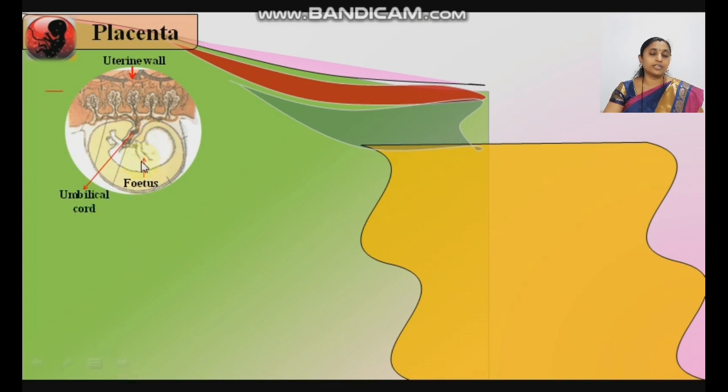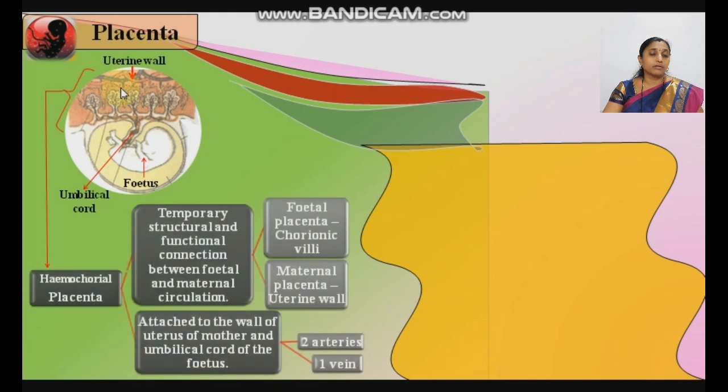This fetus is attached to the placenta with the umbilical cord, and this umbilical cord contains blood vessels, 2 arteries and 1 vein. The artery carries the blood from the fetus to the mother and some again returns to the fetal vein, umbilical artery and umbilical vein. The connection between these 2 parts, fetus and mother, is the placenta, and this placenta is known as hemochorial placenta. Why is it known as hemochorial placenta?